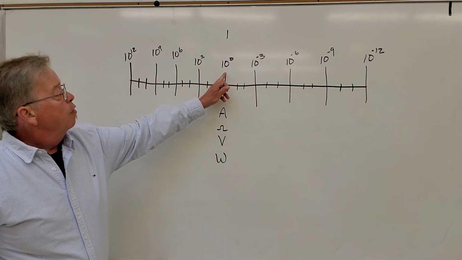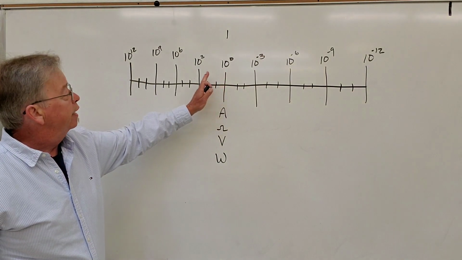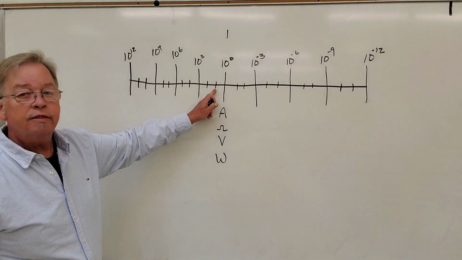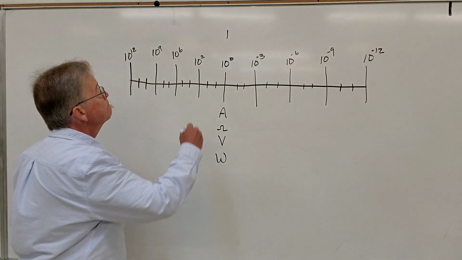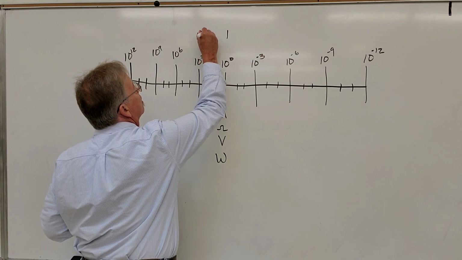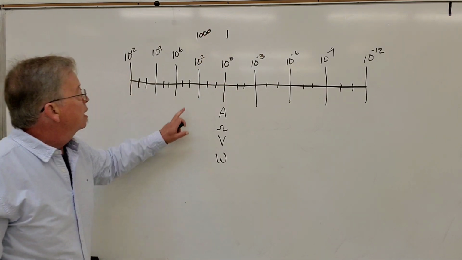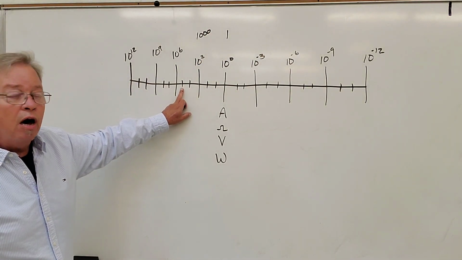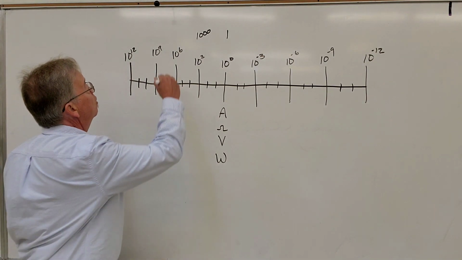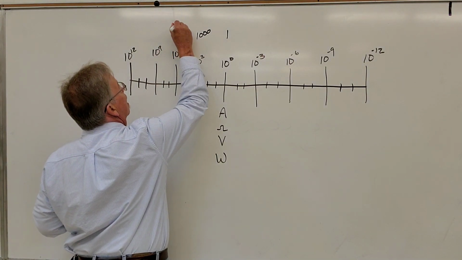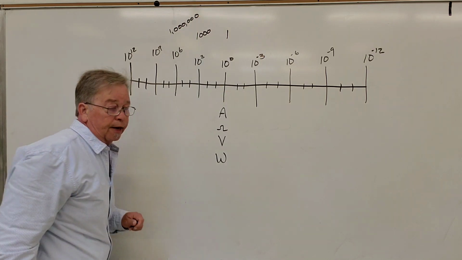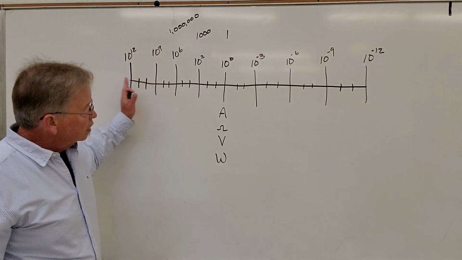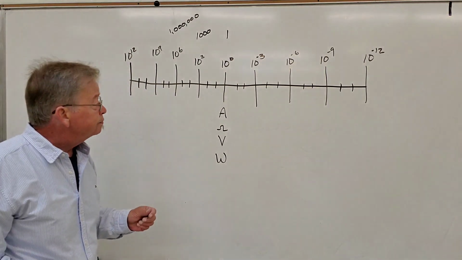Now, going to the left, we increase value. We get to the tens column, the hundreds column, and then the thousands column. And then the 10,000s, then the 100,000s, and then the 1 millions column. Okay, and we keep going 9 and then 12.